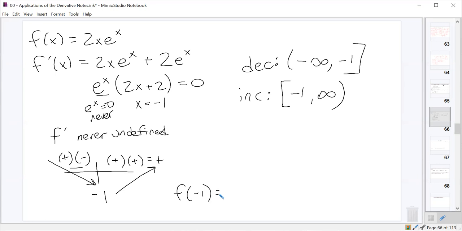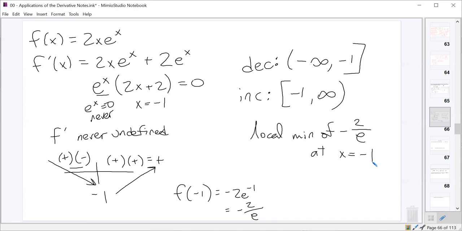f of -1 is, well, you plug -1 into the original function, you get -2e to the -1, or -2 over e. So it looks like we've got a local min of -2 over e at x equals -1.